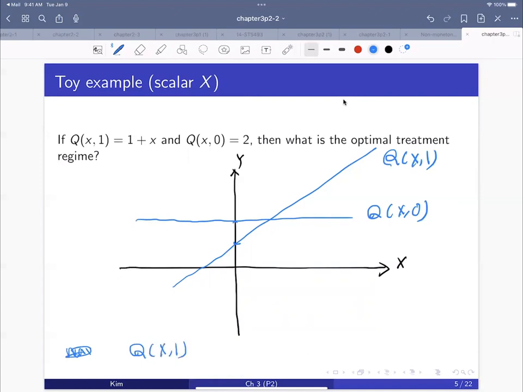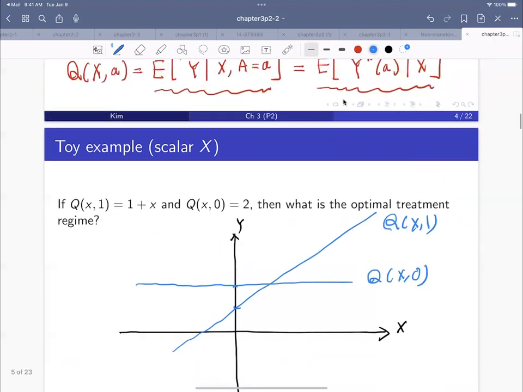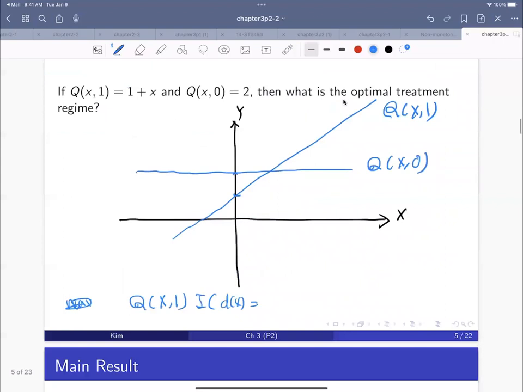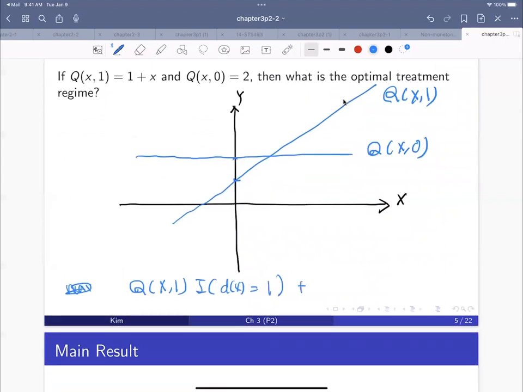So what do you mean by this? Basically d(x) is either 0 or 1, right? That means we just choose one of the two, for each x point.